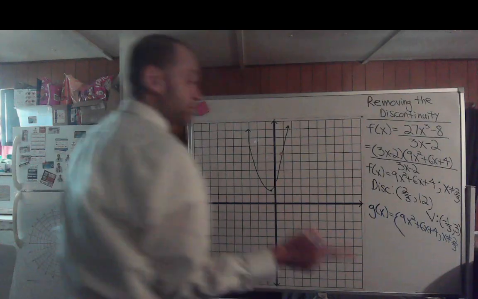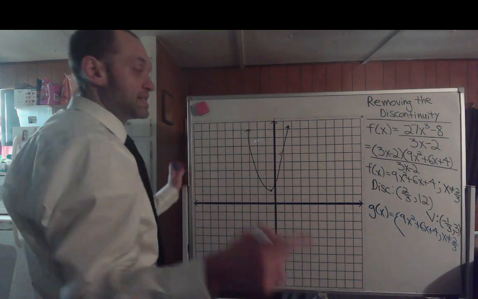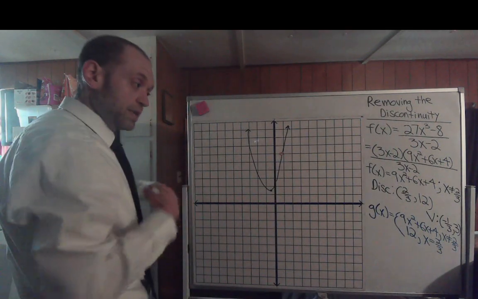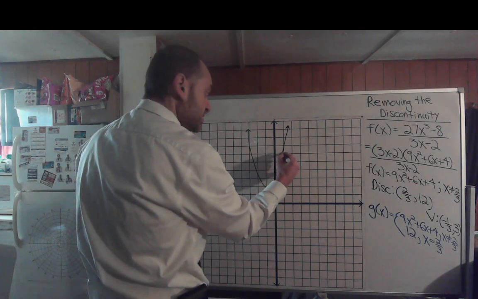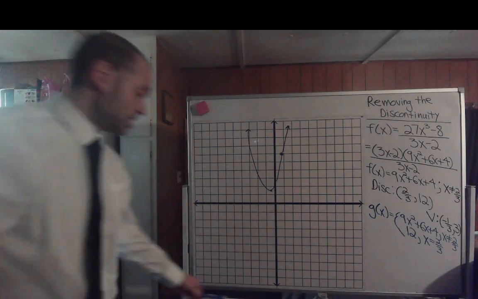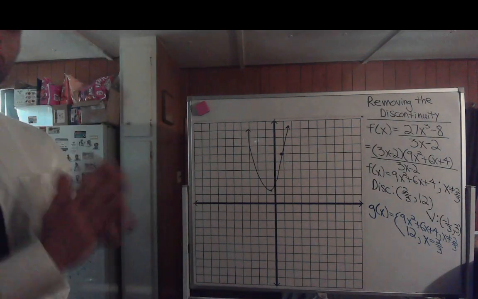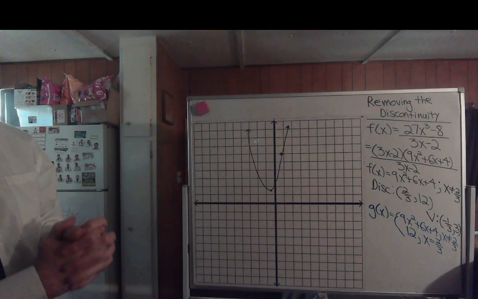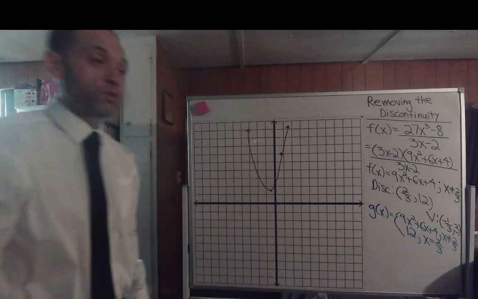But in order to remove the discontinuity, we need to define it for that y value of 12, so it'll equal 12 when x is equal to 2/3. By doing so, we have just removed the discontinuity and made this a continuous curve. So that's how you would remove a removable discontinuity. Now you see why it's called removable.